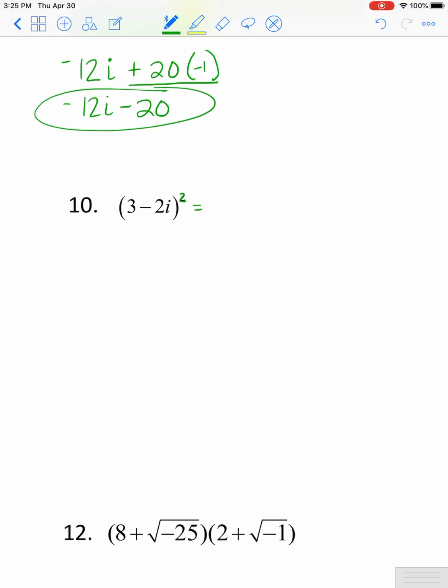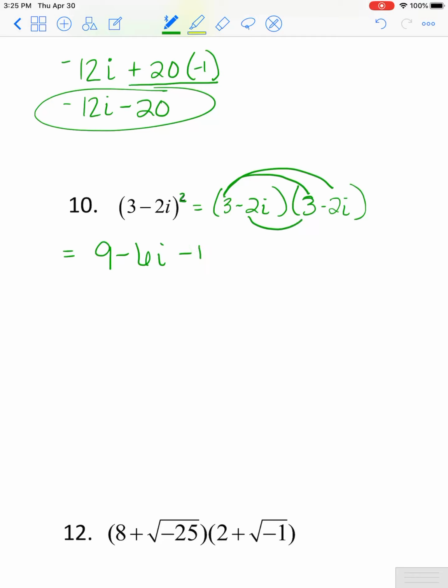All right, number 10. This one's always notorious. Anytime you see a quantity squared, it really means that you're multiplying it twice. Okay? So now I need to multiply these. 3 times 3 is 9. Minus 6i. Minus 6i. Plus 4i squared.